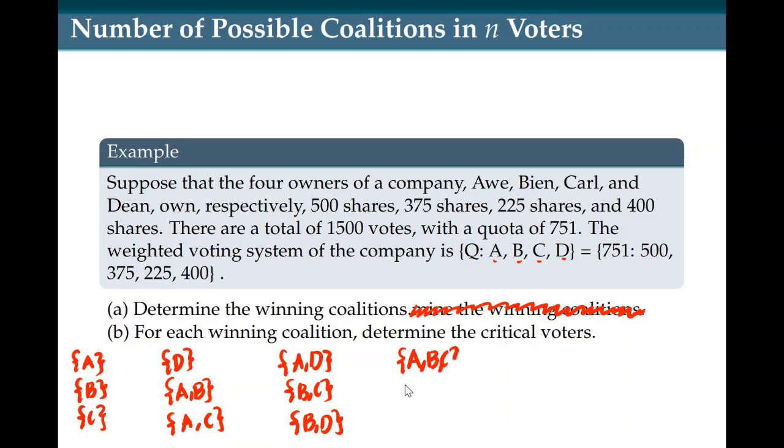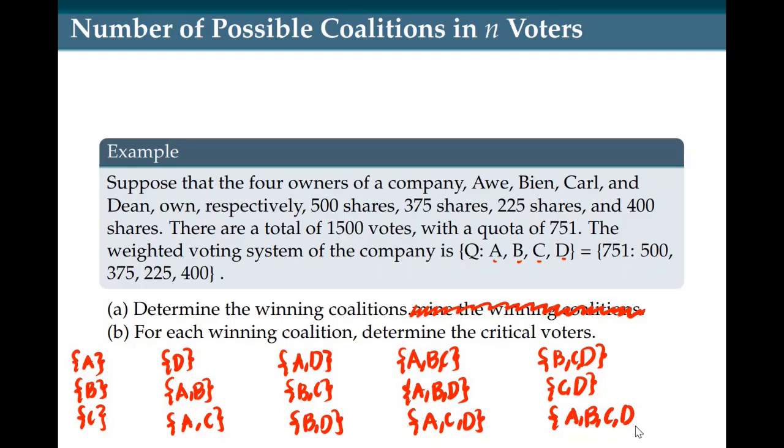A, B, C, A, B, D, A, C, D, B, C, D, sorry, I forgot C, D, and A, B, C, D.